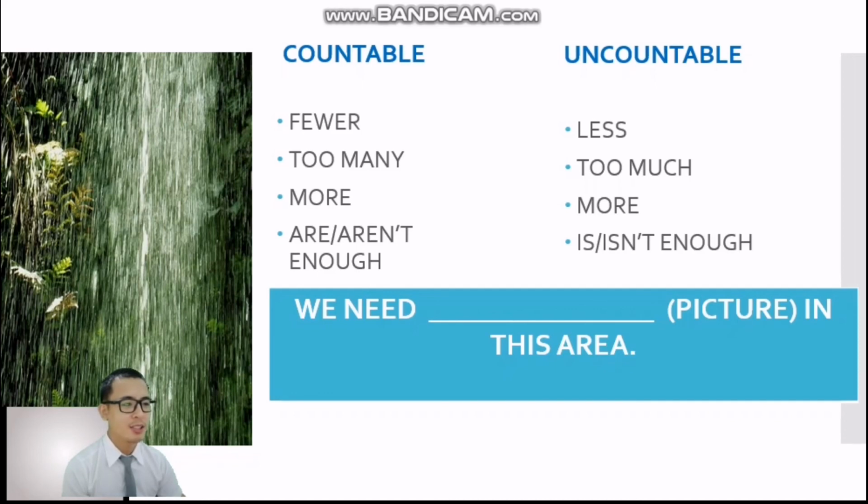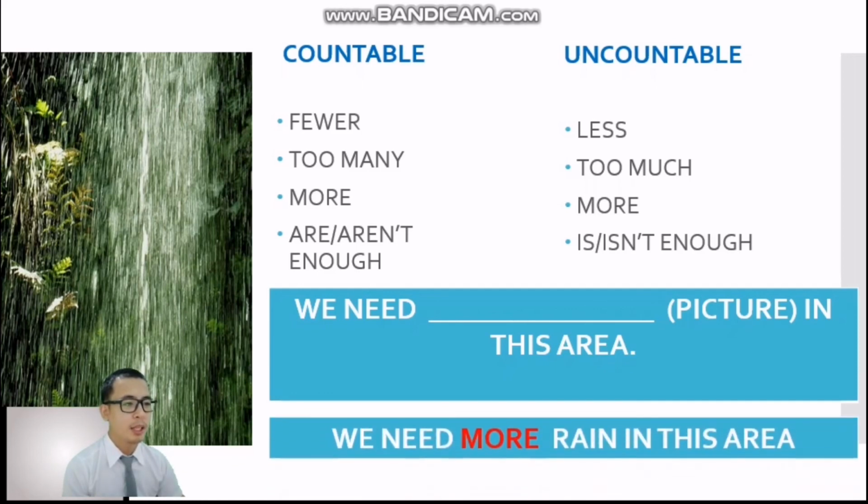If your answer is we need more rain in this area. Okay? The word rain belongs to uncountable noun because simply you cannot count rain. And this suggests that we need to have more because there isn't enough rain in the area. If this is your answer, then you are correct.